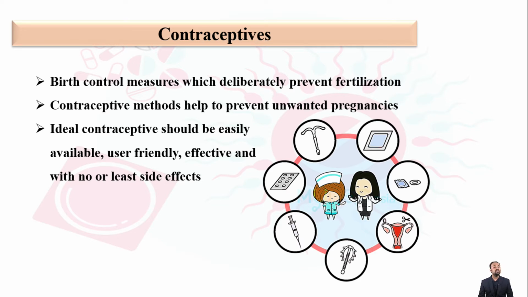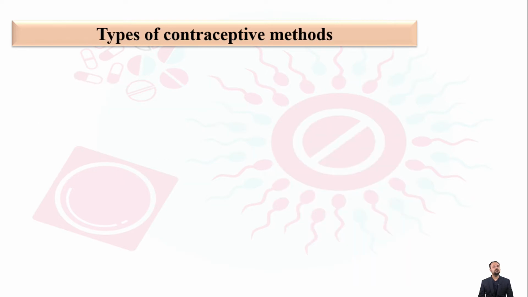It should be easily available, it should be very easy to use, that is user friendly, it should work, that is it should be effective, and it should not have any side effects or it should have very few side effects.